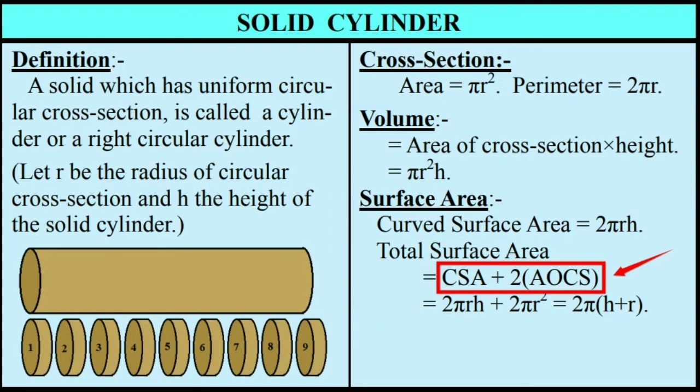And we know that the uniform circular cross section appears 2 times, at one end and at the other end, where 2 pi r h is curved surface area and 2 pi r square is 2 times the area of cross section. Finally, the total surface area of a solid cylinder is 2 pi r multiplied by the sum of height and radius.